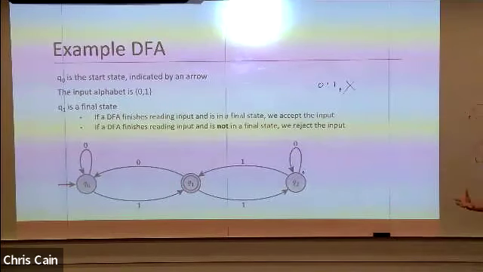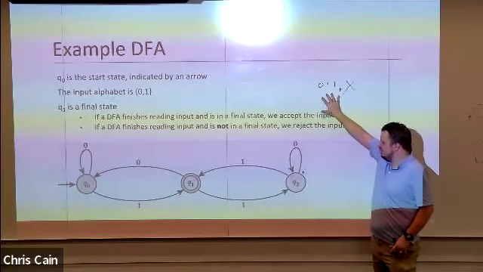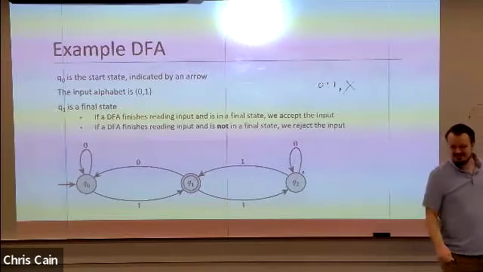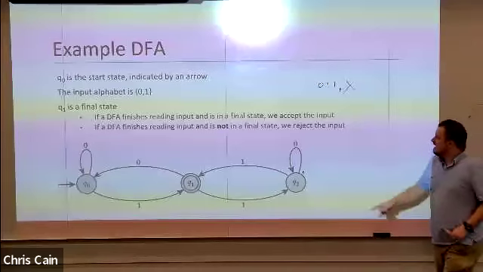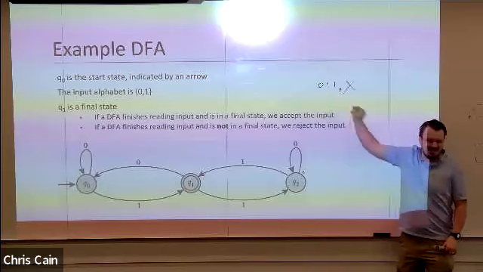So what subset of binary does this machine accept? Basically, how can we find out what all strings have in common that end in state Q1? An odd number of ones, that is correct. This has 2 ones in the input, which is even, so it gets rejected.